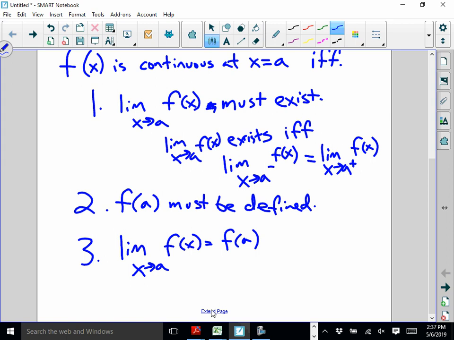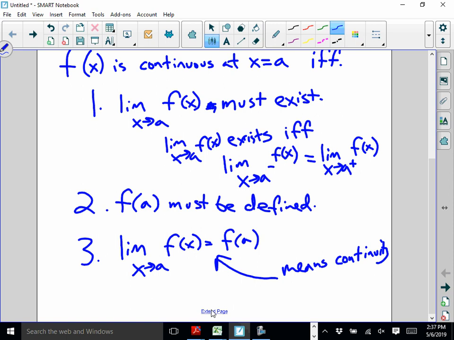This alone means continuity. So sometimes they just test you on the definition of it. If they say, if this is true, what does that mean about f? Well, it means that f is continuous at point x equals a.